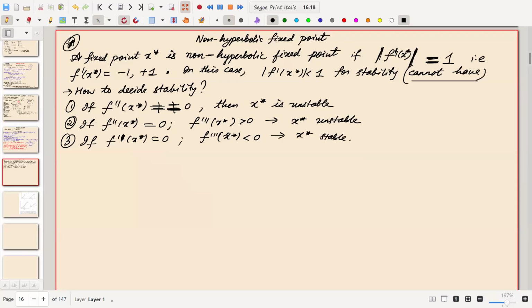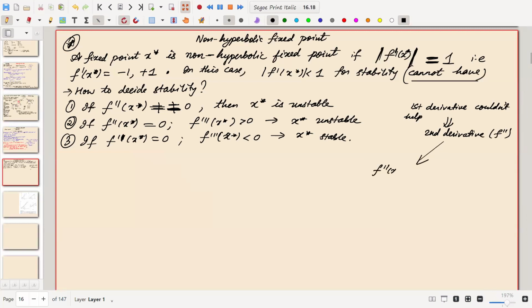So what are we doing here? Any ideas? See, the first derivative could not help us. Therefore we came to the second derivative, that is f double prime. Let us do the flow chart.